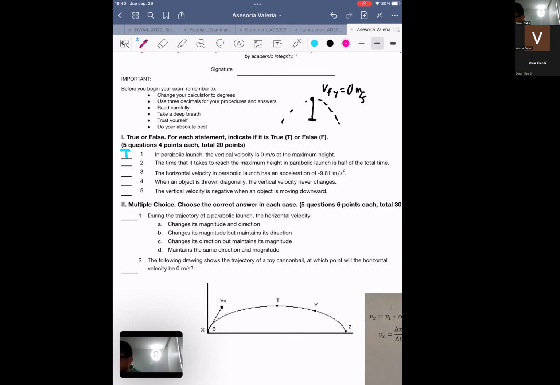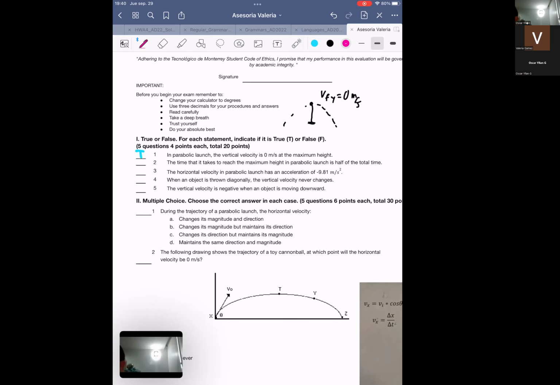The time that it takes to reach the maximum height in parabolic launch is half of the total time. If you remember, we said that this was the vertex, and that the vertex is always in the middle of the parabola. So what do you think in this one? True. Perfect. Next one.